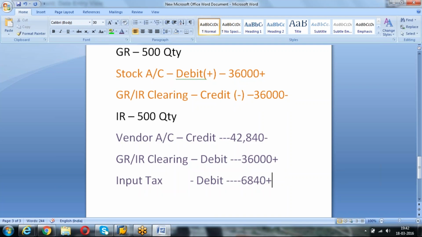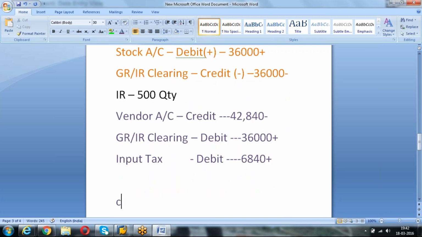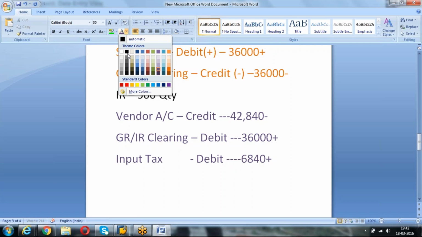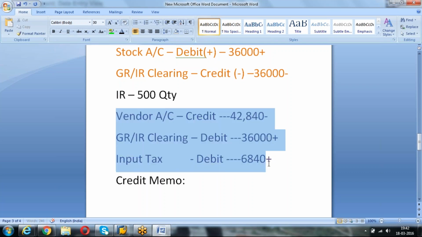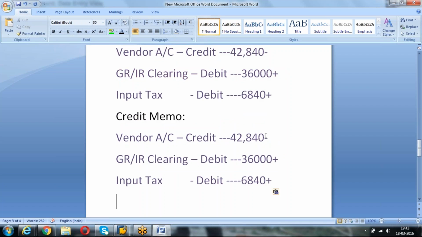Okay, and how are the entries in the credit memo? During credit memo, the entries are completely opposite to this amount.